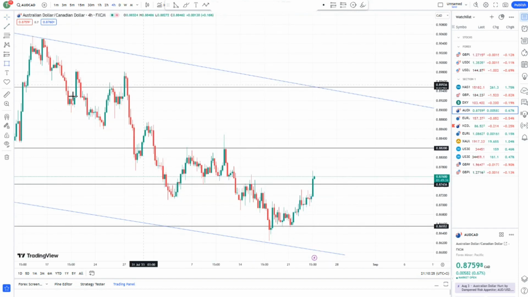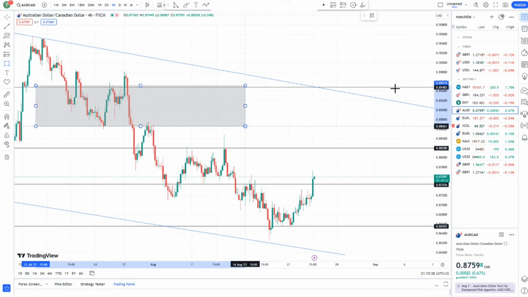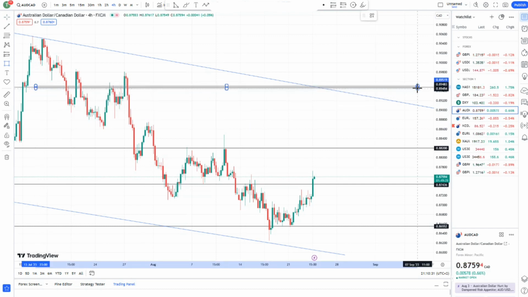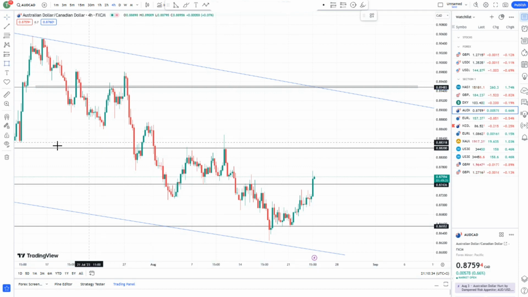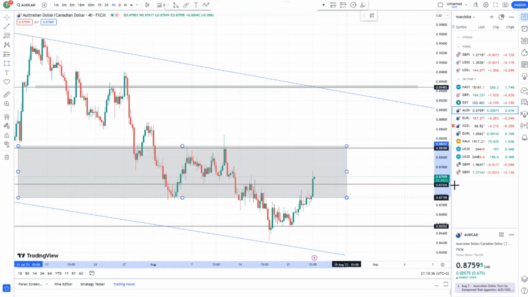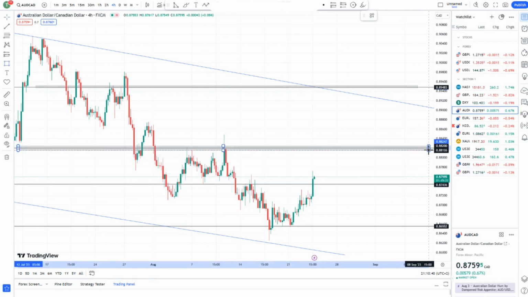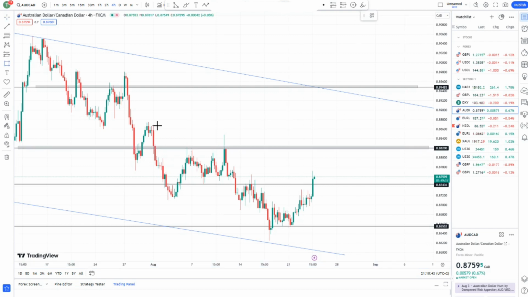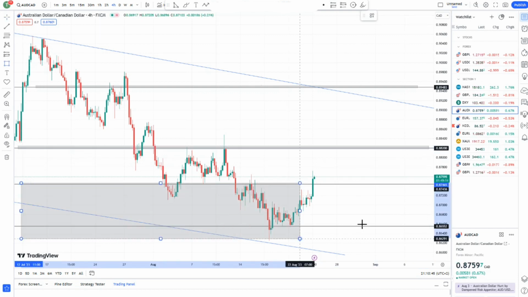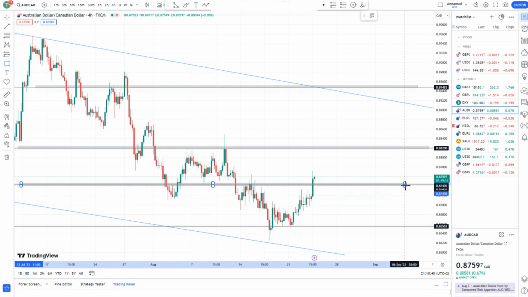So always zone out my key levels from the daily time frame. Now these will no longer be key levels. They are now zoned.